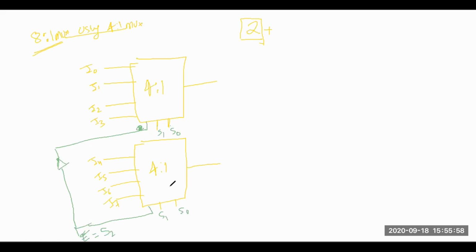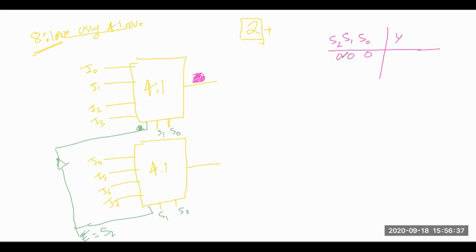Okay, so for analysis I am taking the first case when S2, S1 and S0 are all 0 0 0, and I will check what will be my output. If S1 and S0 both are 0 0, I will get I0 here.